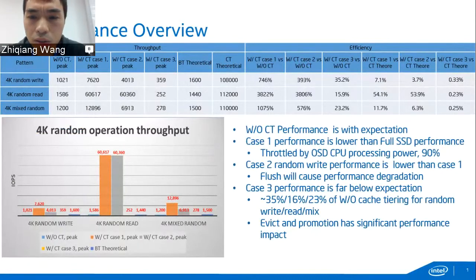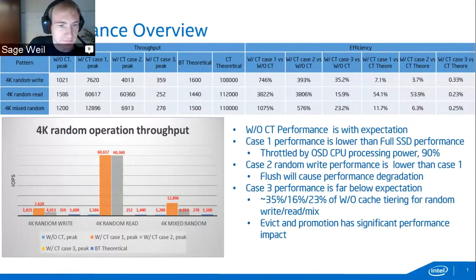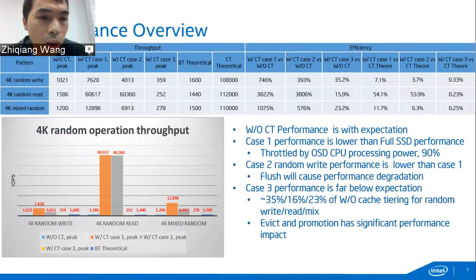Compared with the without cache tiering result, the write is just about 35%, and for the read, it is about 60%. Yeah, so the result for case 3 is very poor.